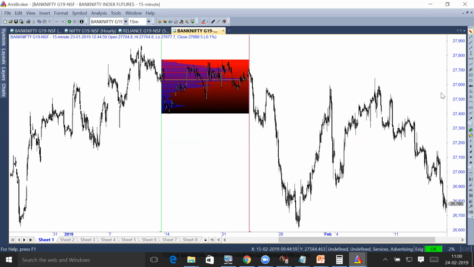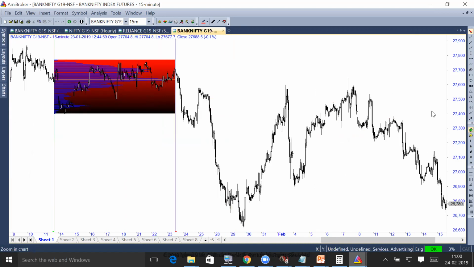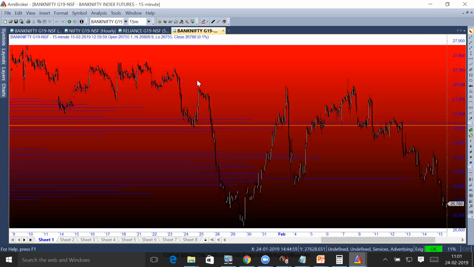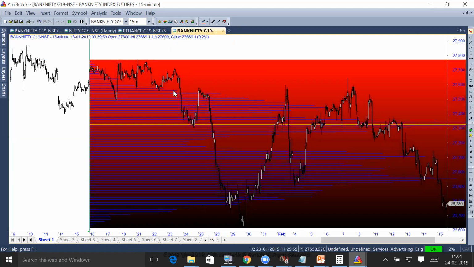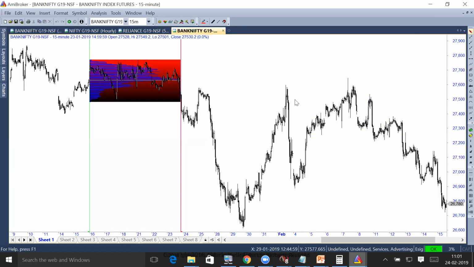So think about this scenario. In this balance, price was balancing for quite some time, a lot of sideways action. And here, if you look at the volume over here, if I draw a line at this level exactly, try to draw a line here.